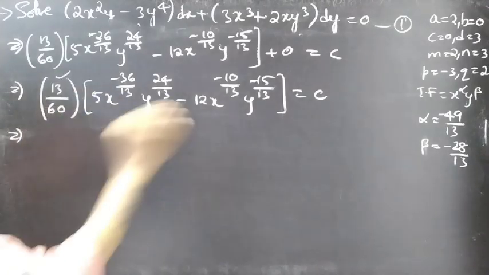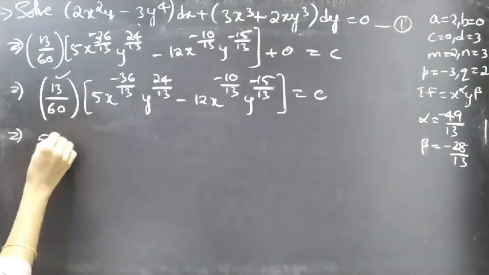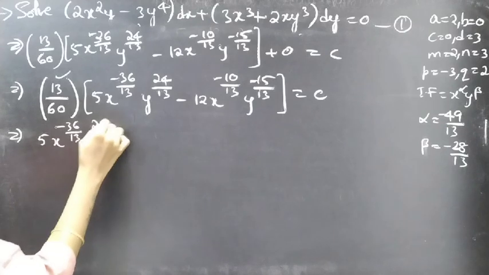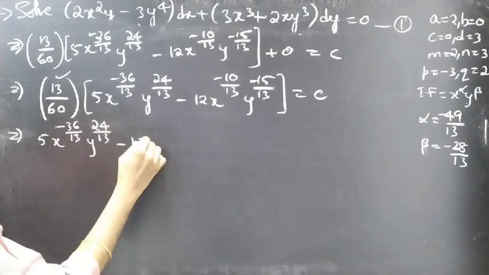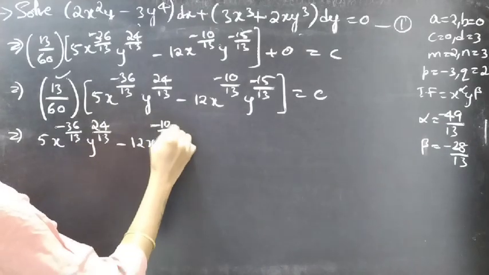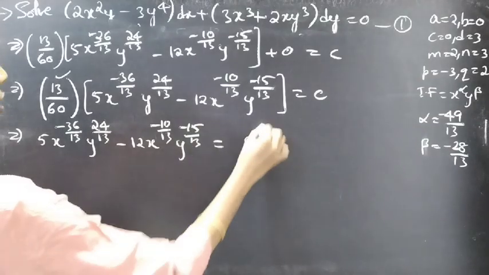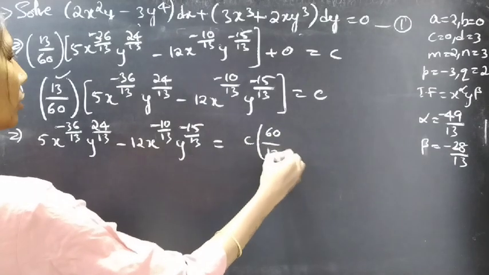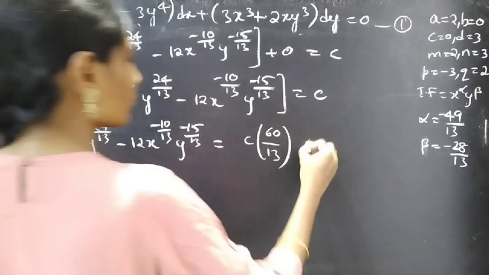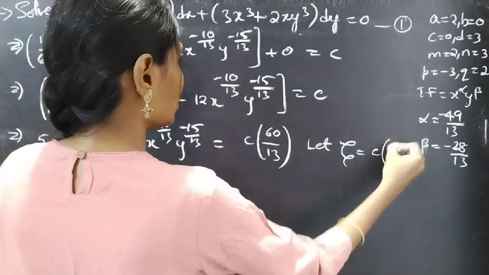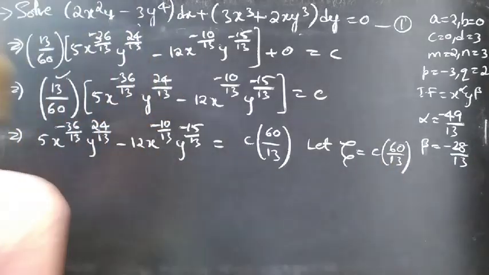Now we can take this constant to the RHS, then you'll get 5x power minus 36 by 13 into y power 24 by 13 minus 12x power minus 10 by 13 into y power minus 15 by 13 equal to c into 60 by 13. Let c equal c into 60 by 13.